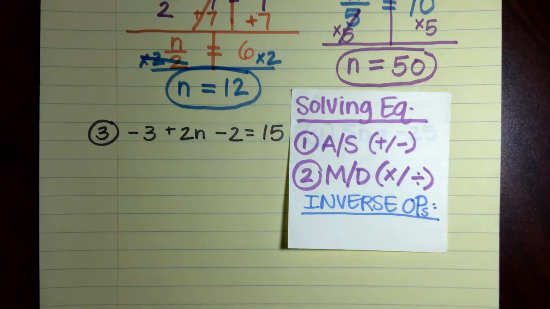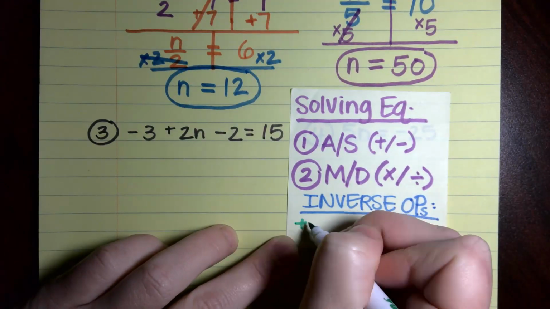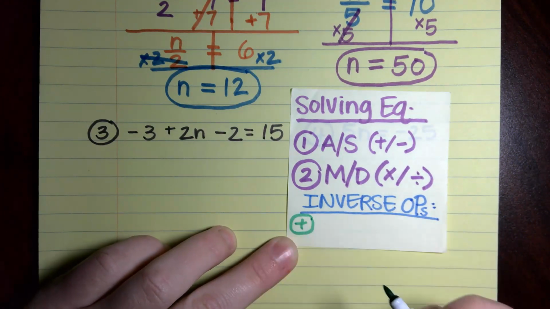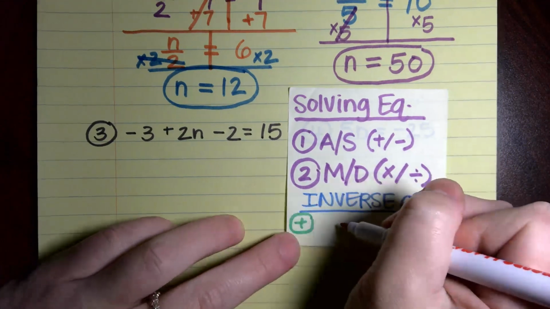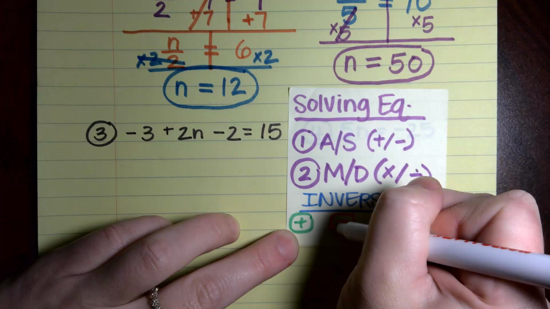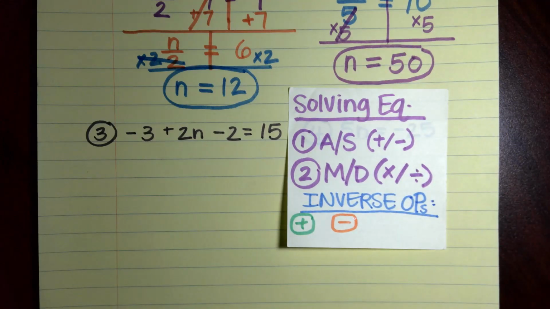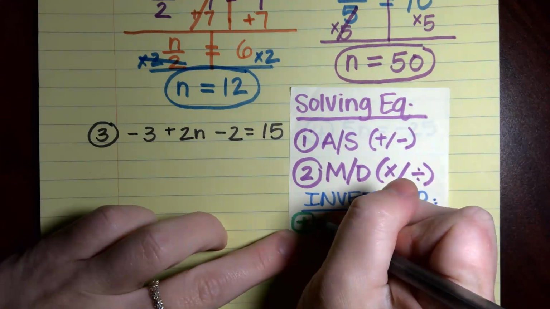And those inverses, if we remember, if we have addition or a positive number, the opposite of that, or the inverse, would be subtraction or a negative number.